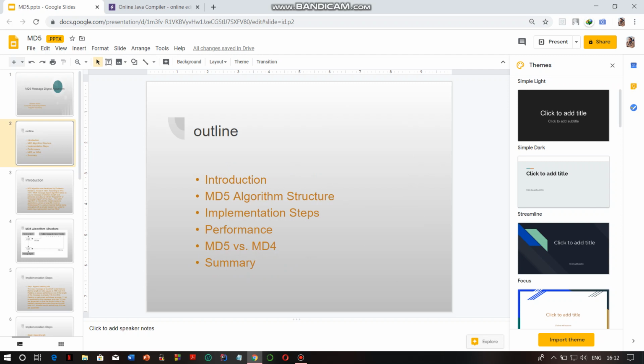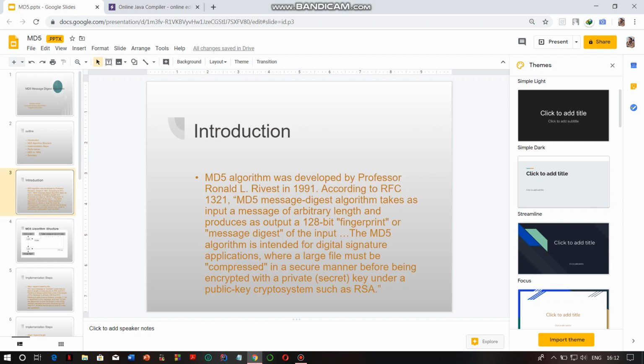In this slide, I'm going to just introduce the outline: introduction, MD5 algorithm structure, implementation steps, performance, a comparison between MD4 and MD5, and last but not the least, summary. So as I told you, Ron Rivest in 1991 developed the MD5 algorithm.